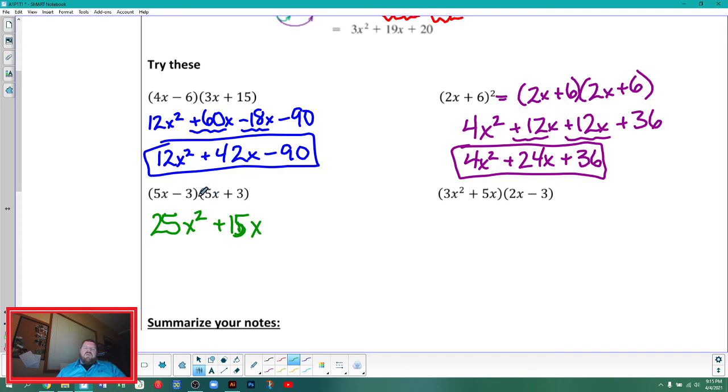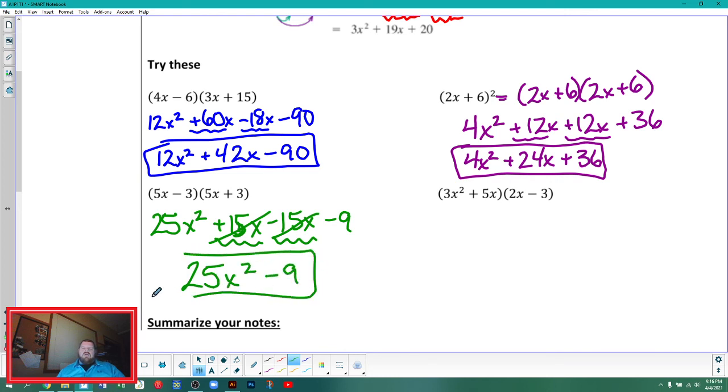Insides, negative 3 times 5 is negative 15. And there's an x on that one. And last, negative 3 times positive 3 is negative 9. Combine the inner like terms. Positive 15 and negative 15 actually cancel each other out. And I get 25x squared minus 9. It's kind of cool. I don't have three things on this one. I only have two.